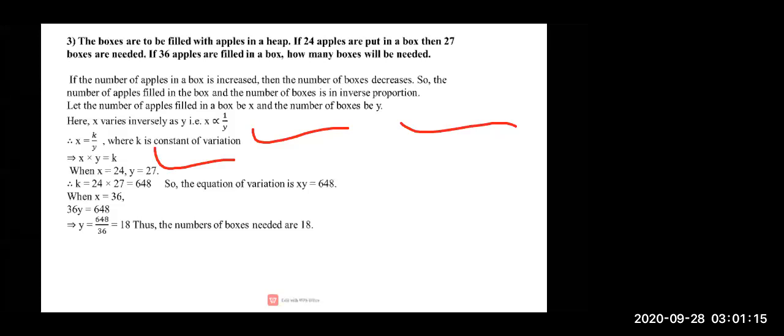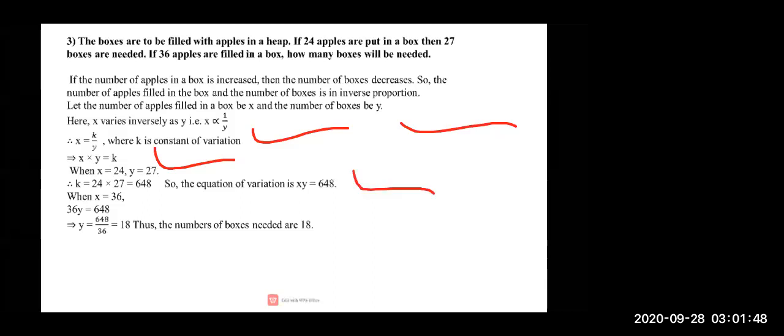So we assume that number of apples filled in a box was X and number of boxes were Y. So here our X is 24 and Y is 27. The same formula, X into Y equal to K, that means 24 into 27 equal to 648.